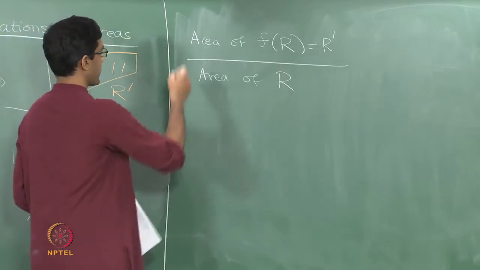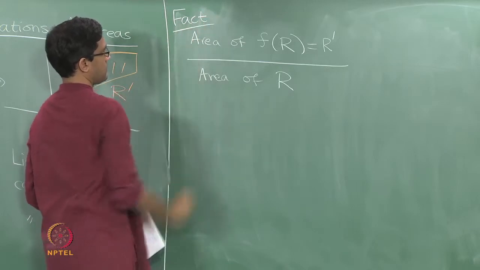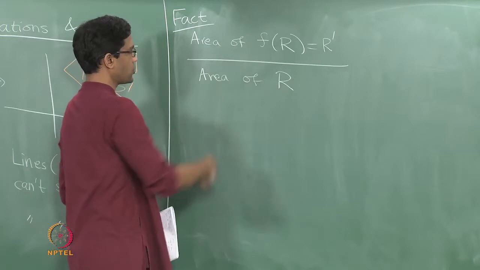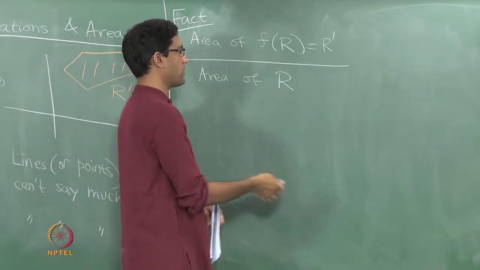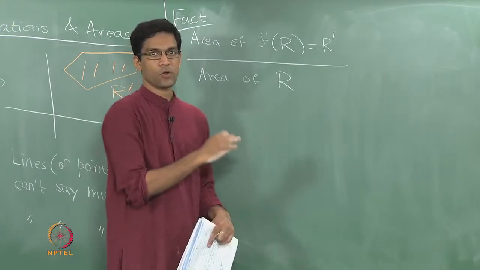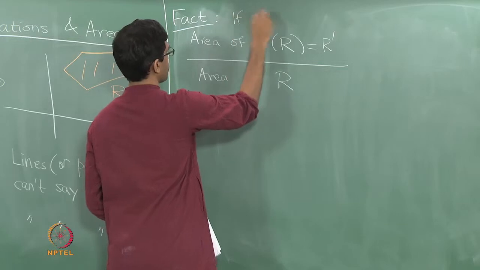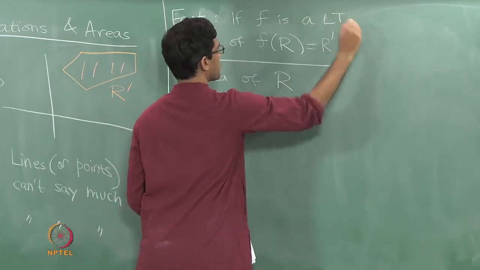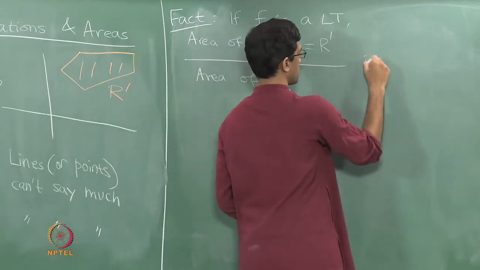Now here is the surprising fact. If f is a linear transformation, then this ratio is a constant, independent of what shape R has or where it is located on the plane. So, surprising fact if you wish: if f is a linear transformation, or in fact also an affine transformation, then this area scaling factor is a constant.